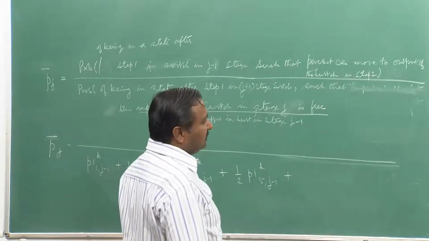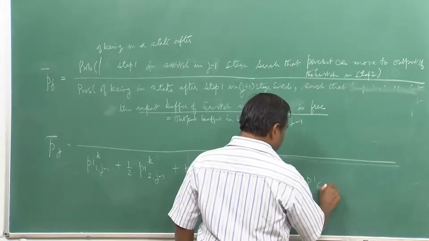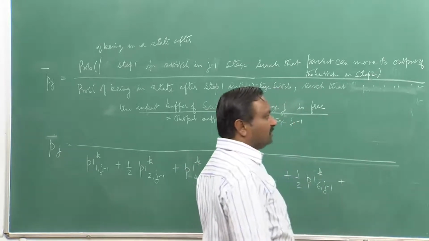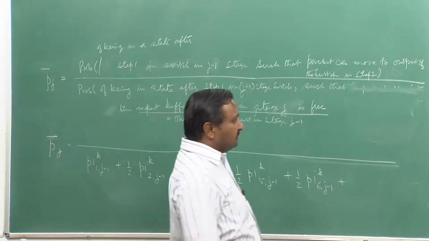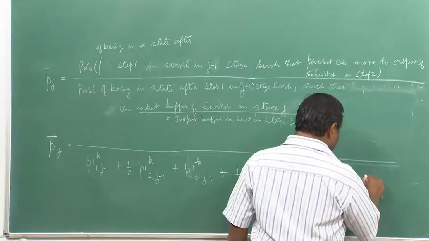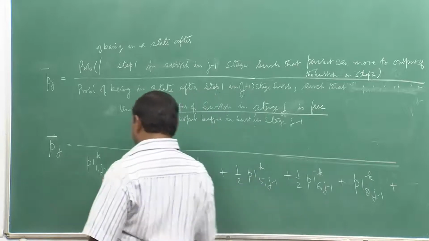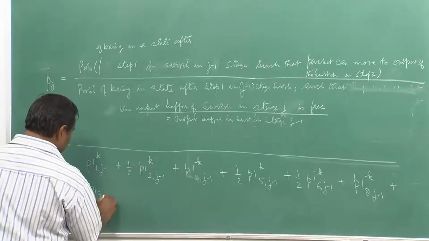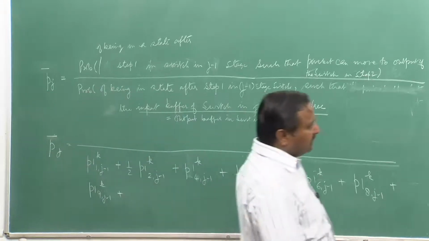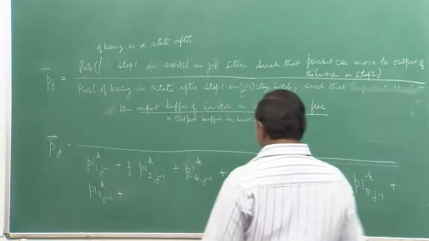And then we have the sixth, with half only it will be happening. The seventh cannot be there because output buffers are not free. Eighth, both are free, so it is without half. Ninth, both are free, so it is again without half. And then we look at the 10th, where only one of the ports is free, so the 10th, 11th and 12th will be with half actually.